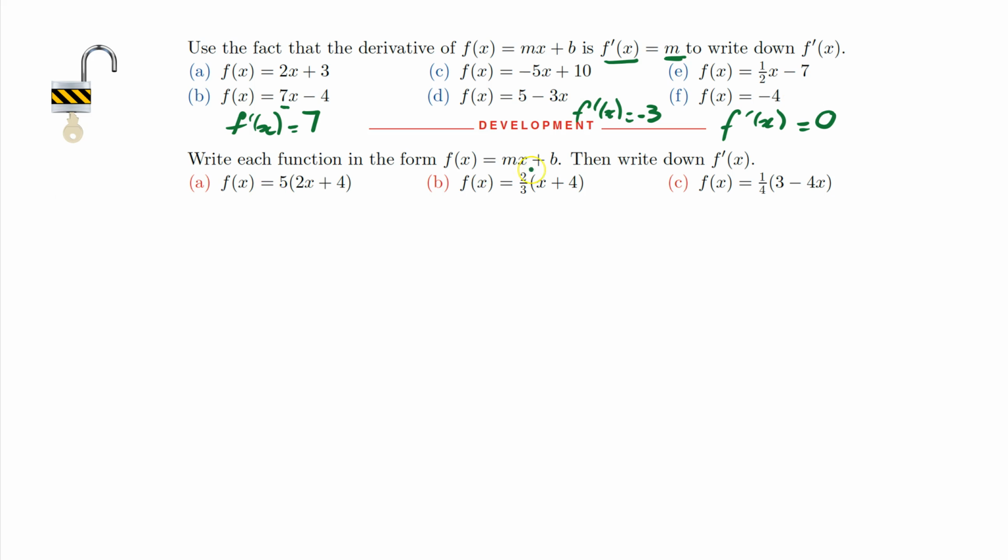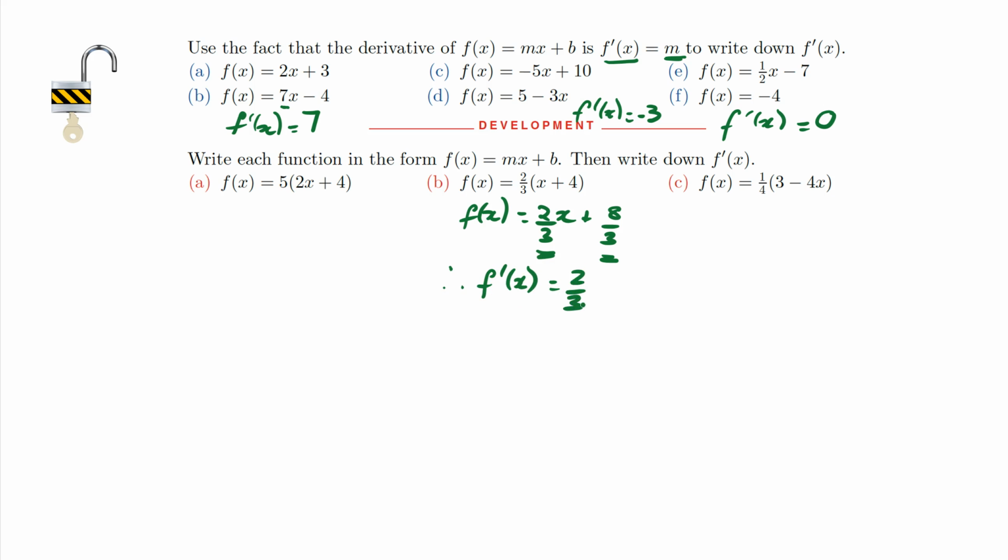Okay, write each function in the form y equals mx plus b, and then write down f dashed of x. So for what it's worth, if we multiply out, that'll give us 2x on 3 plus 8 on 3, y-intercept of 8 on 3, slope of 2/3, so f dashed of x equals 2/3.